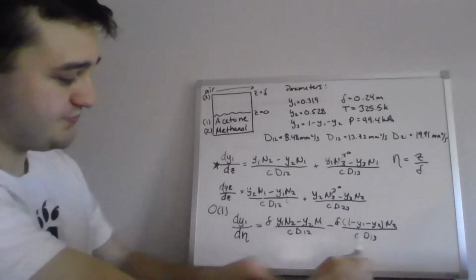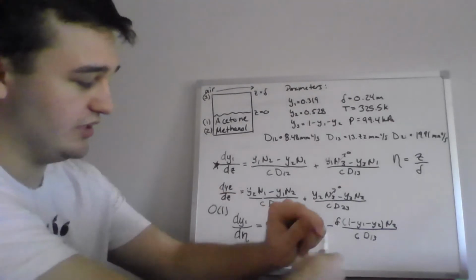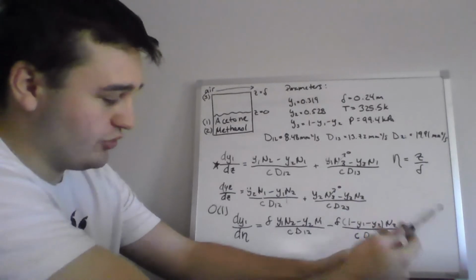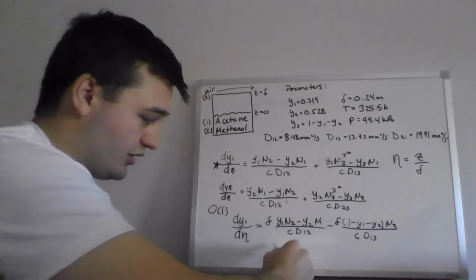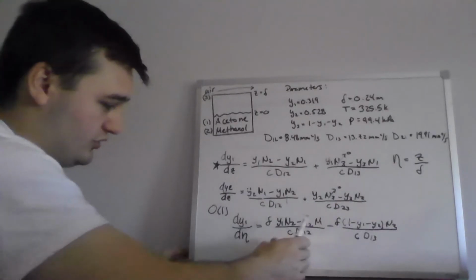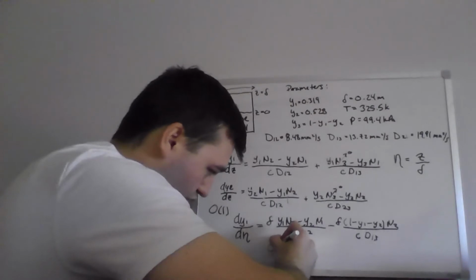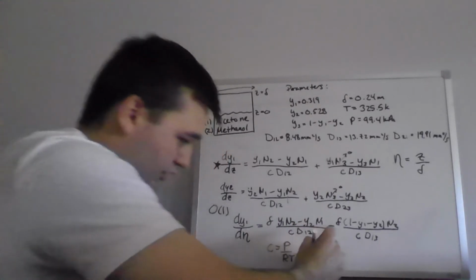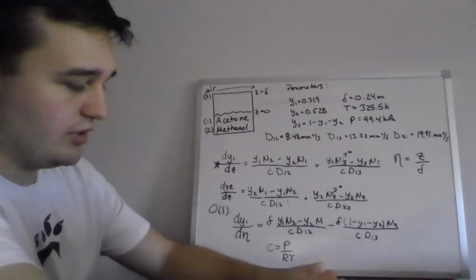So when we look at the bottom, we have concentration times the Stefan-Maxwell diffusion coefficients. If we break these apart, the concentration is equal to the pressure over the ideal gas constant times temperature.